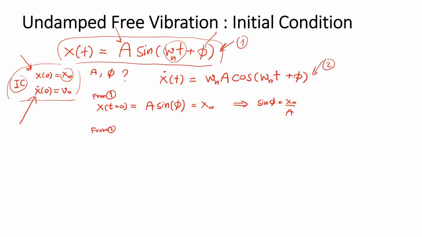How about the x dot when time t equals 0? x dot when time t equals 0 will be omega n A cosine phi, and this needs to equal the initial velocity.